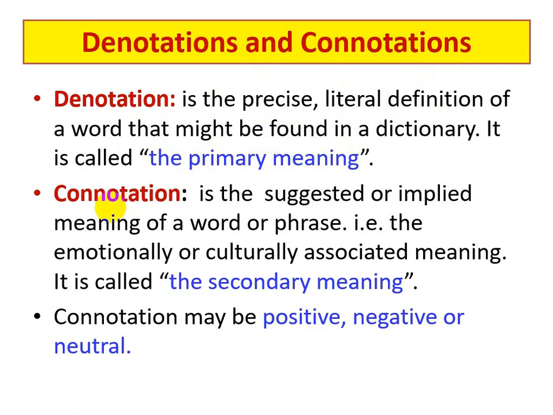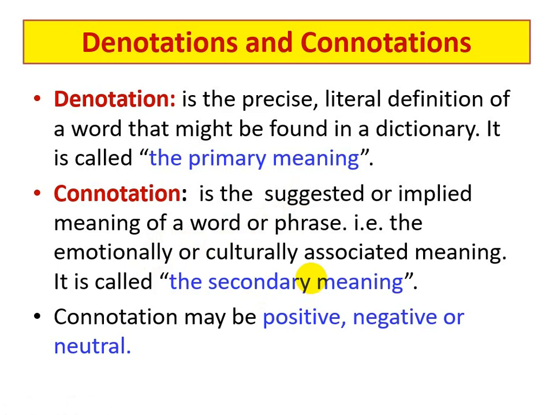While connotation, from the verb connote, is the suggested or implied meaning of a word or phrase, that is to say, the emotionally or culturally associated meaning. So it is called the secondary meaning. And connotation may be positive, negative, or neutral.